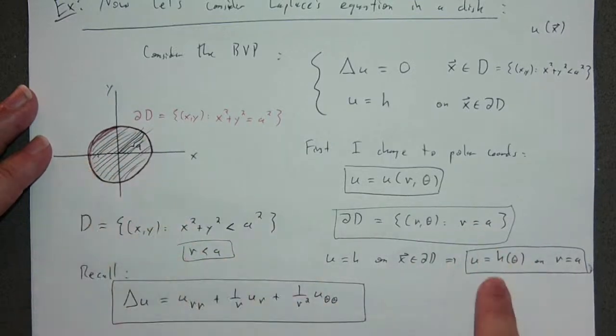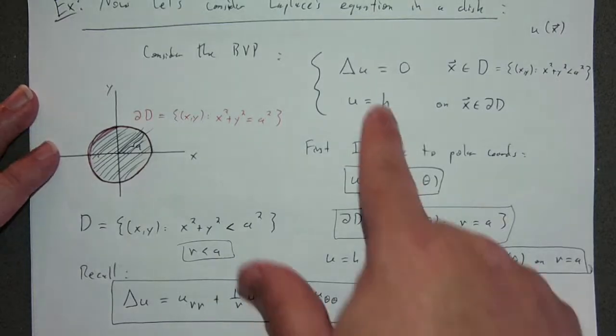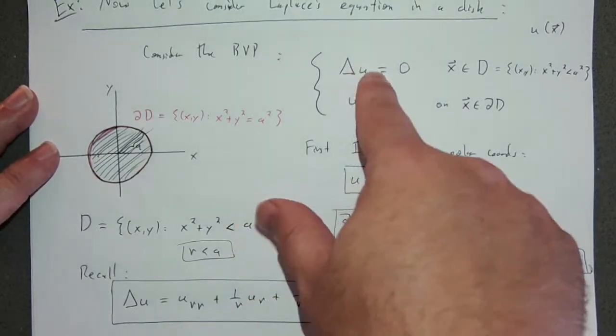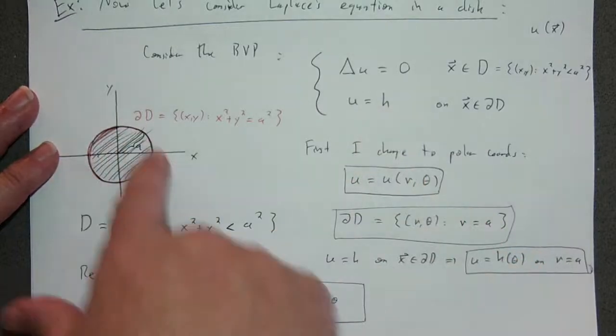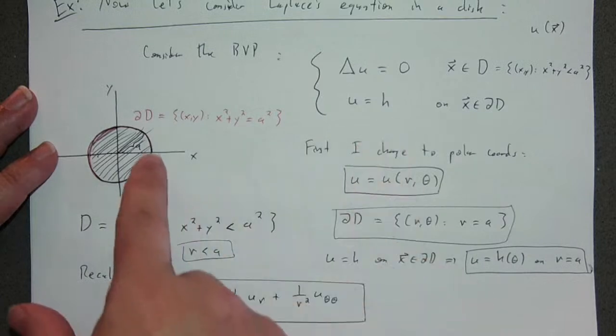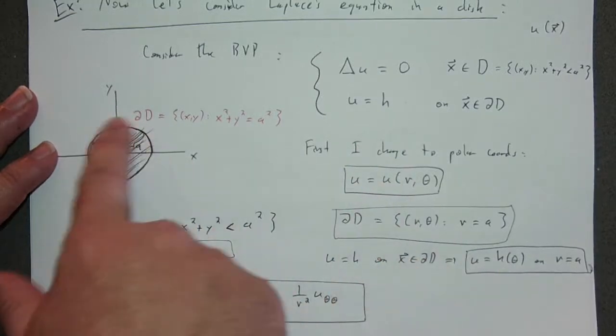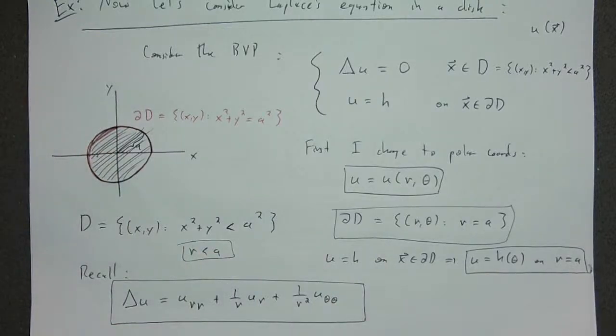So u is equal to a function of a single variable theta when we've switched to polar coordinates. This is useful because if u is a function of x and y, h is also a function of x and y on this boundary, but since we're using polar coordinates and this boundary is just the set r equals a, this has to be a function purely of theta on this boundary.